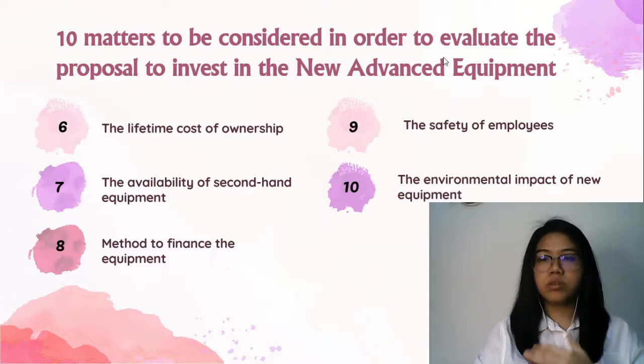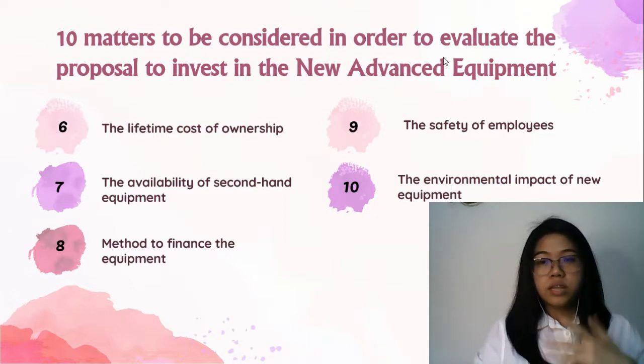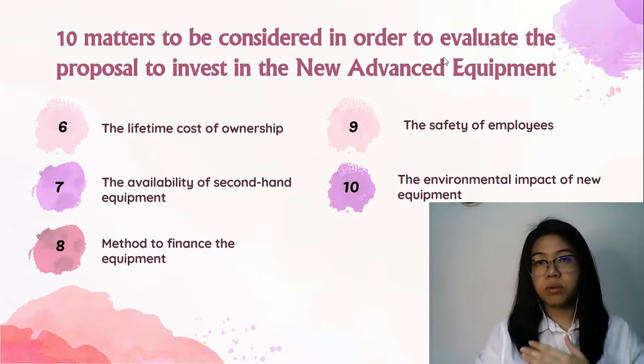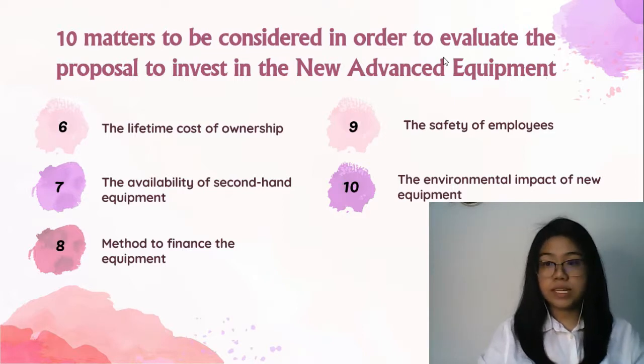Employers need to ensure that the employees comply with the safety rules. Lastly, before purchasing equipment, it is necessary to study the environmental impact of the new equipment. Companies should support going green because it can not only improve the overall efficiency of the enterprise but also contribute to the health of the planet.